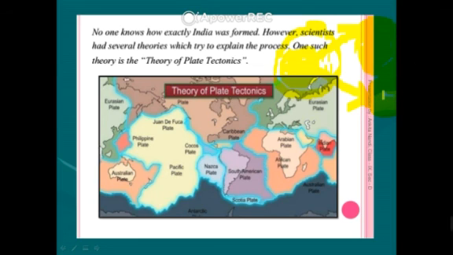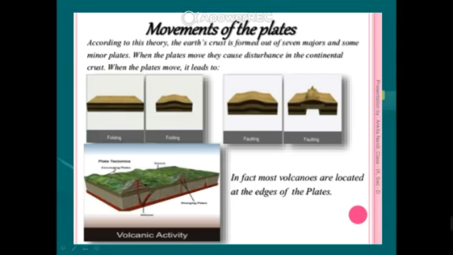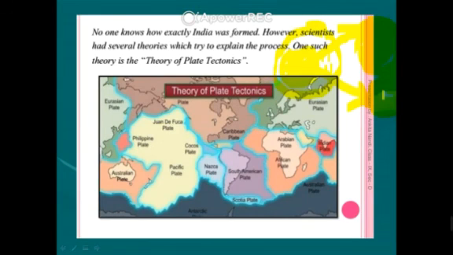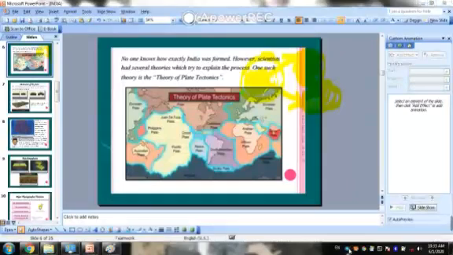Okay, from Laurentia and Gondwana, all the continents were formed. Okay, from Laurentia, North America, South America, and our Europe continents were formed, and from Gondwana, Australia and Africa formed. Okay, so this is the important plate tectonic theory given by Wegener.